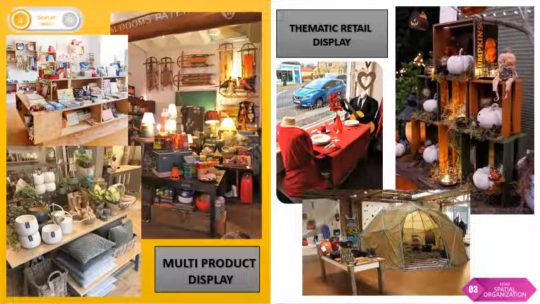And the last thing is a thematic retail display. Thematic retail display ni sebenarnya dia akan mengikut tema. Contoh kan, orang ni sebenarnya nak jual suits, nak jual pinggan mangkuk, nak jual tablecloth apa semua, tapi dia create satu theme.